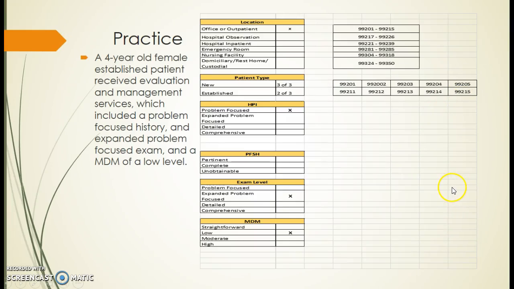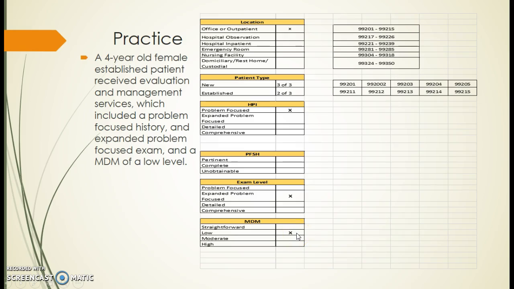There we go. As I said, all I did was go through and check the boxes. So she's a 4-year-old established patient, so she's office or outpatient. She's established, which means we only have to have 2 of 3 of these key components in order to derive a code. She had a problem-focused history, a problem-focused exam, expanded problem-focused exam, and an MDM level of low.